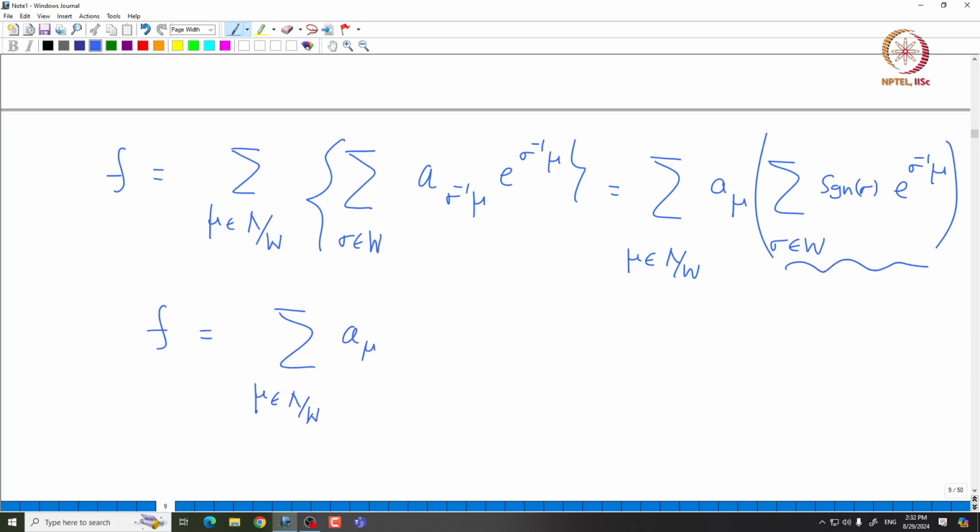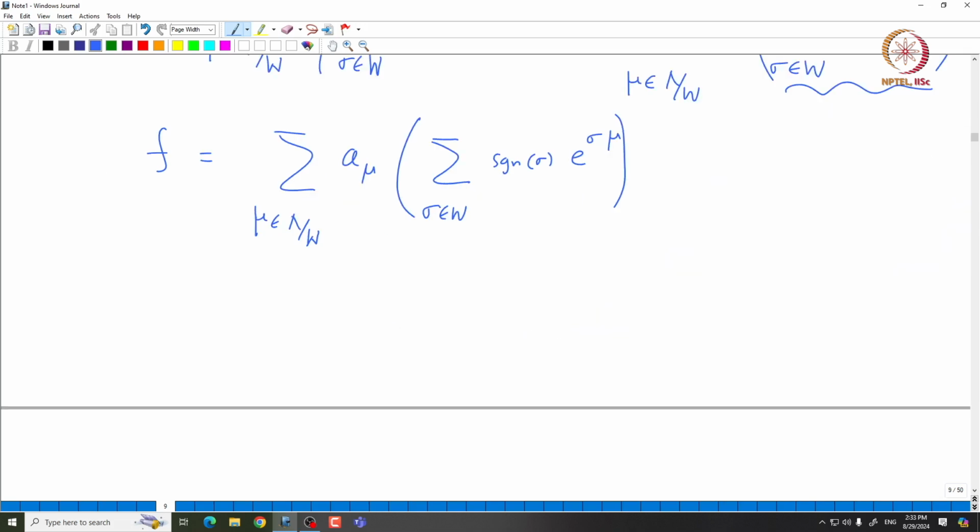If you run sigma in W, sign sigma is the same as sign sigma inverse. So, sigma running over W is the same as sigma inverse running over W. So, this you can rewrite as sum over sigma in W of sign sigma e power sigma mu.